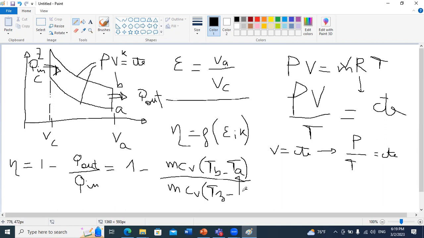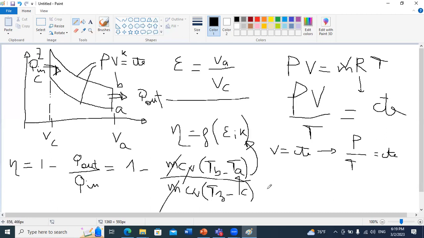Okay, and now what will happen? mCv will cancel out, so the masses will cancel out. We are left with temperatures. And how can we reach this? We need to incorporate epsilon and k. So here we should also think about the processes and the equations of the processes. Until here, we reached this state.